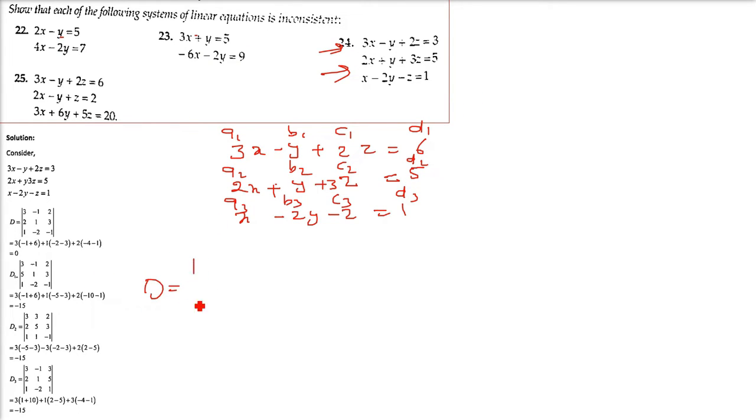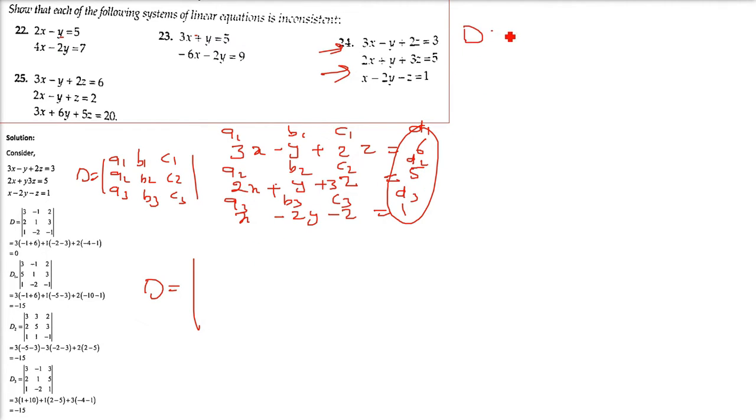So whenever we try to find out D, how do we do it? See, a1, a2, a3, b1, b2, b3, and c1, c2, c3. So when we have to find out D1, we replace a1, a2, a3 by 3, 5, 1. b1, b2, b3 for D2 will be replaced by 3, 5, 1, and c1, c2, c3 will be replaced by 3, 5, 1 for D3.